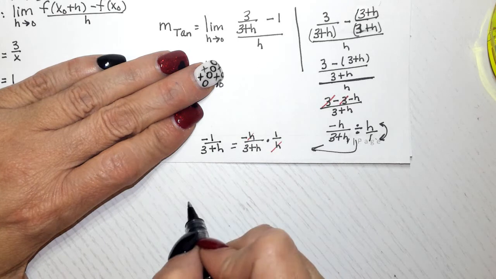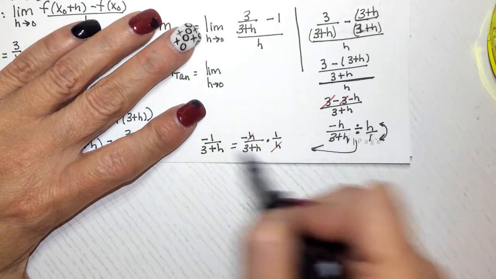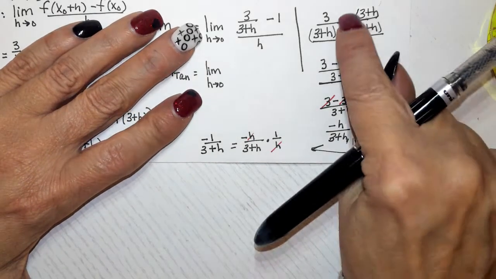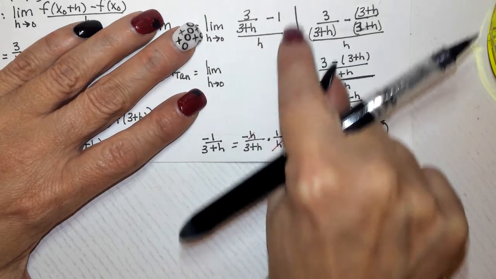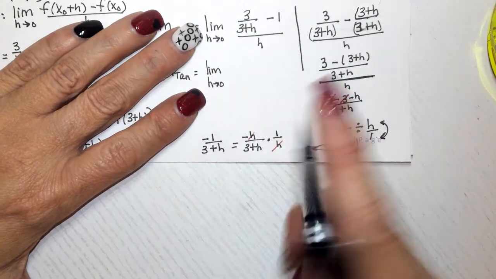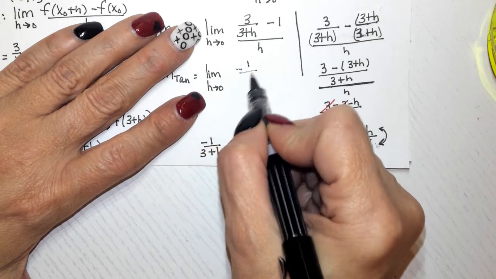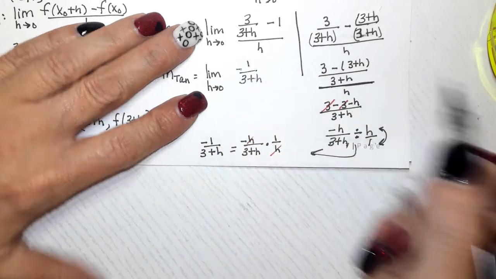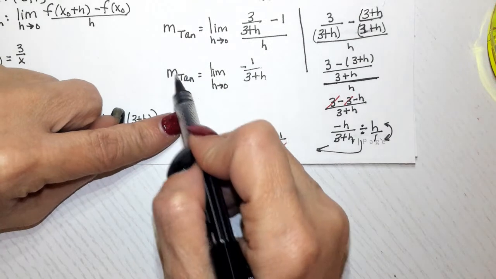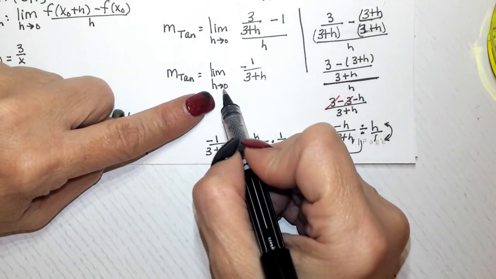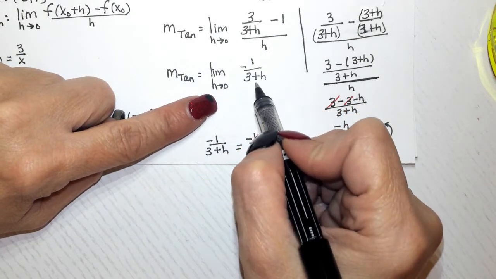Okay, so this is just me simplifying all this. Once I simplified this crazy thing, when you simplify this, you get negative 1 over 3 plus h. So here's what we got. The slope of the tangent line is the limit as h approaches 0 of negative 1 over 3 plus h.